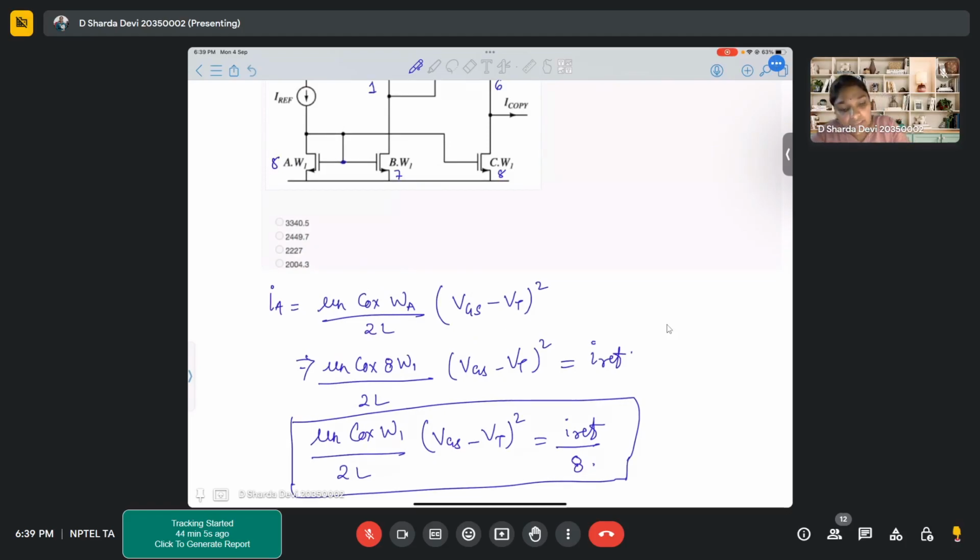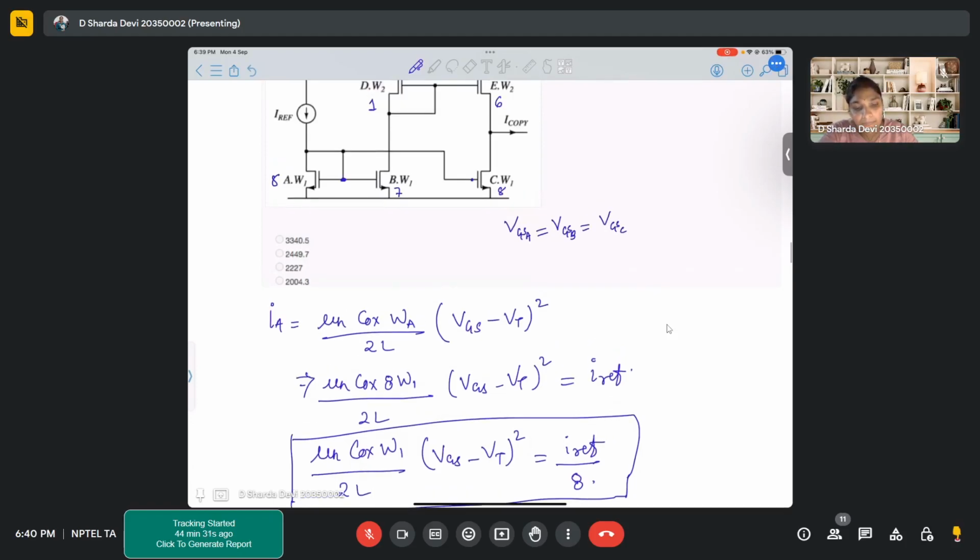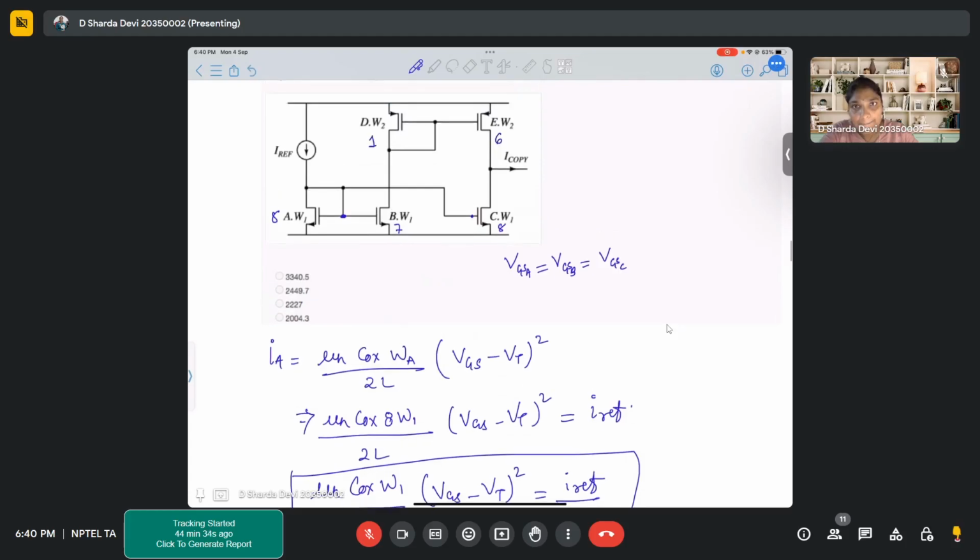Transistors B, A and C all have the same VG: VGA equal to VGB equal to VGC. And the source is grounded for all of them, which brings us to the conclusion that VGS-A, VGS-B and VGS-C are equal. Am I right? Yes, ma'am. Because they are connected with a common gate voltage and common source, right? So the same amount of current will flow through all these transistors?